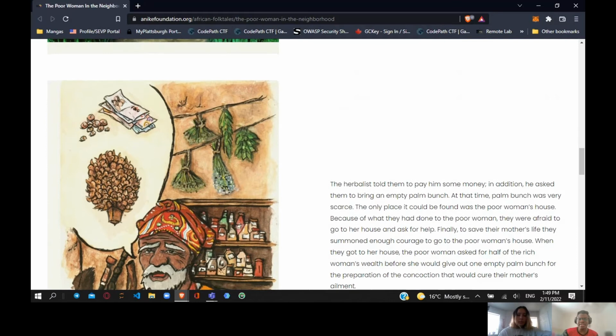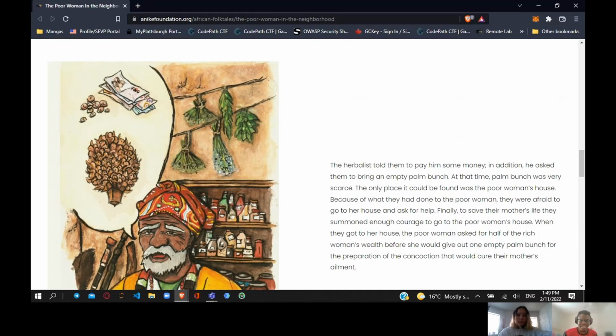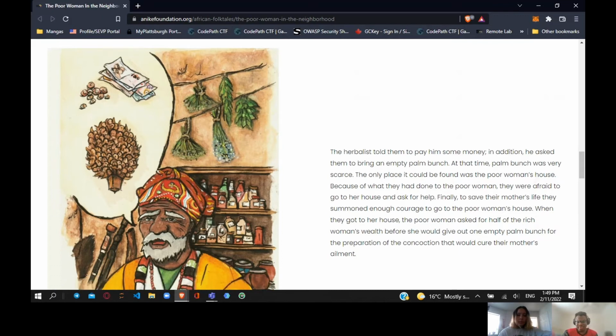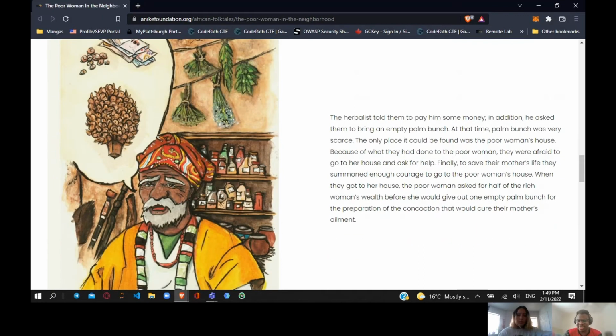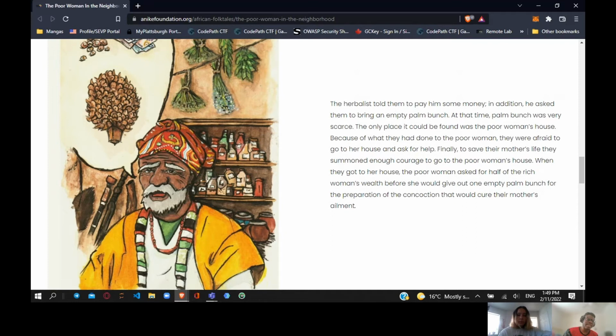Came a day where the rich lady was sick and needed help. So the herbalist told that lady and her daughters that they needed an empty palm bunch, which was used by that poor lady before to make soap.